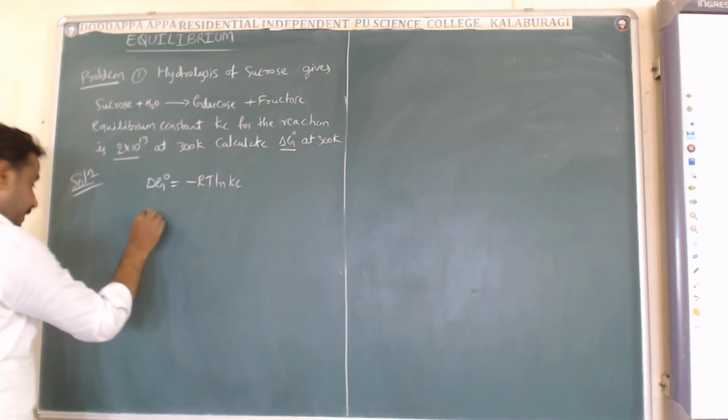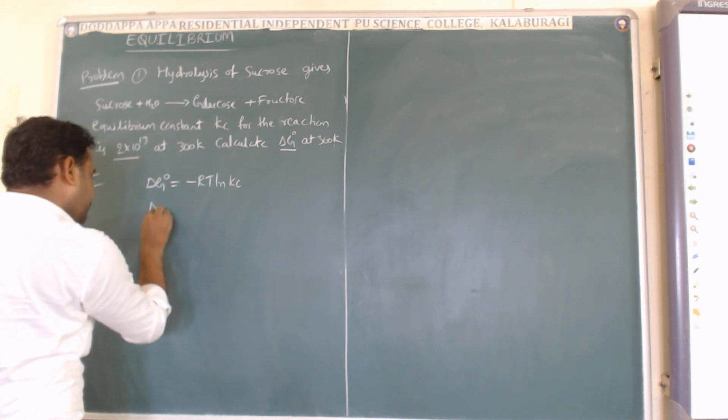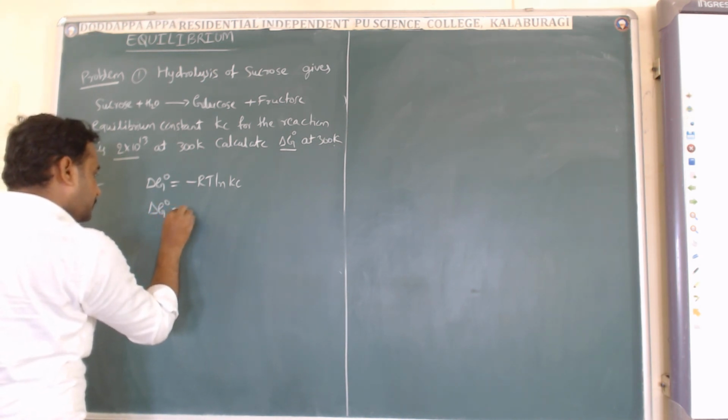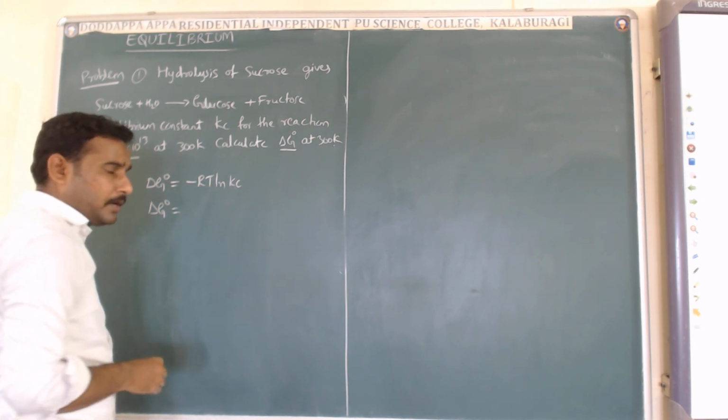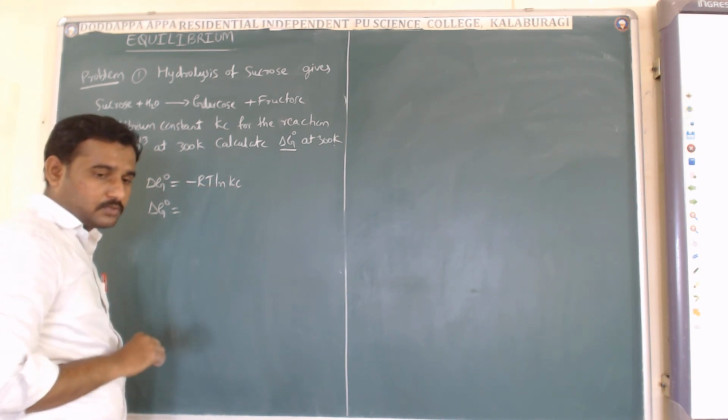Then next, write delta G naught is equal to, and put in the values. 0.0831 also you can take here.